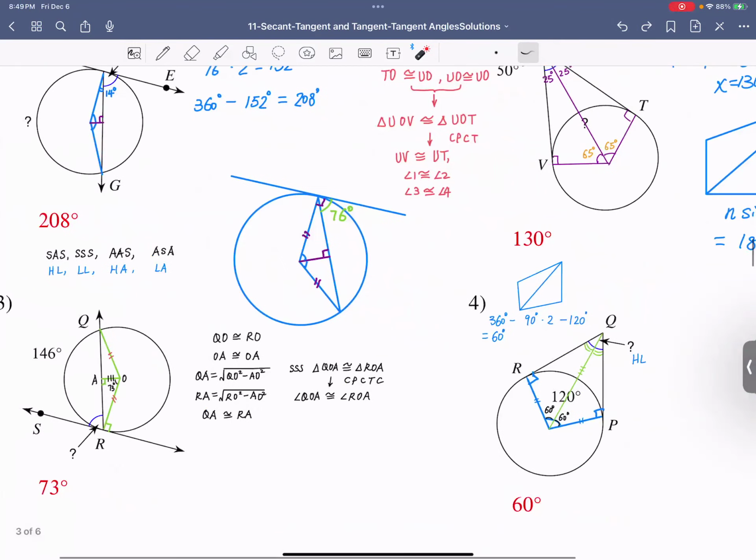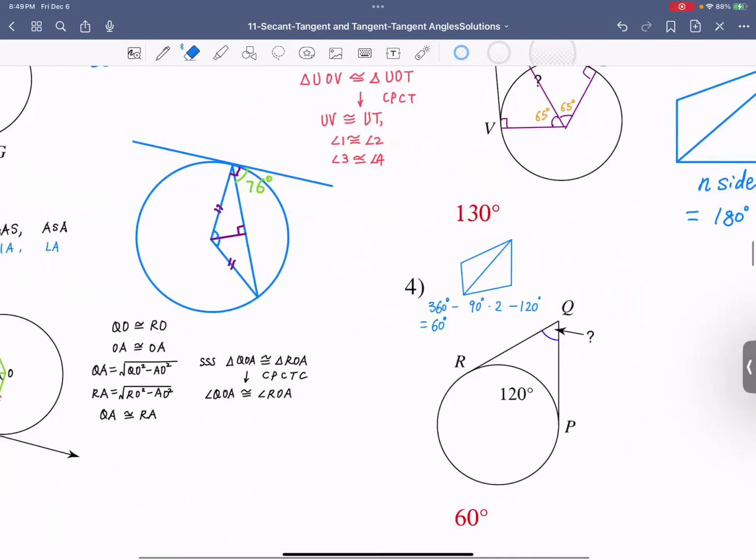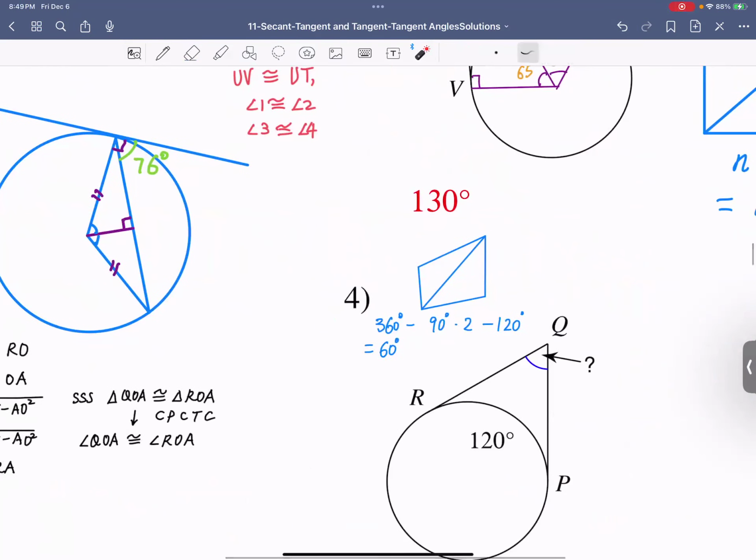Number 4. Look at this. This is 120. David, let's try here. So how much is this angle? Is it just like half of the circle? 120? 180 is half. 120 is not.